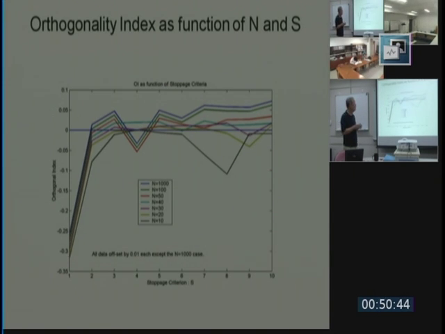Even though the orthogonal index can be poor, it is poor only when you impose very high stoppage criteria. If you stay in this region, they are doing very well.